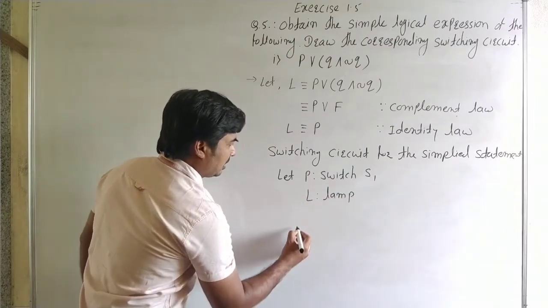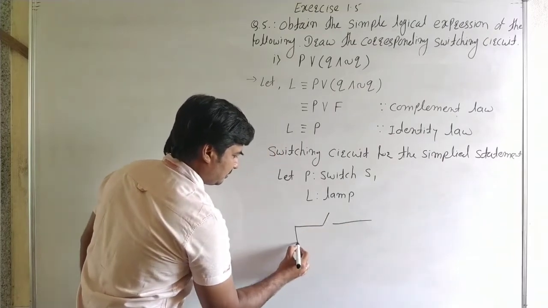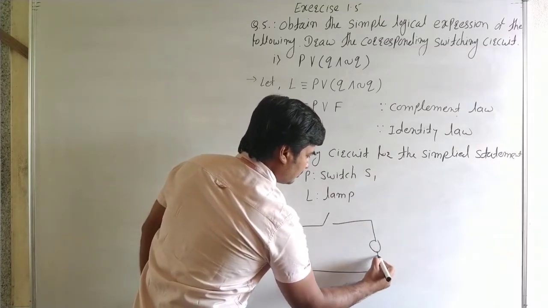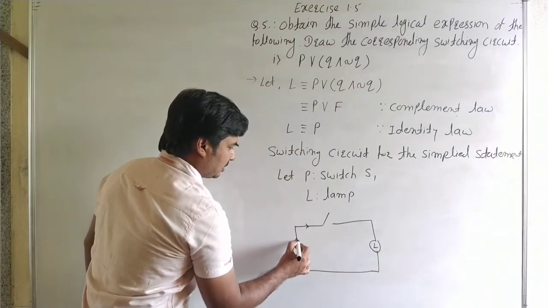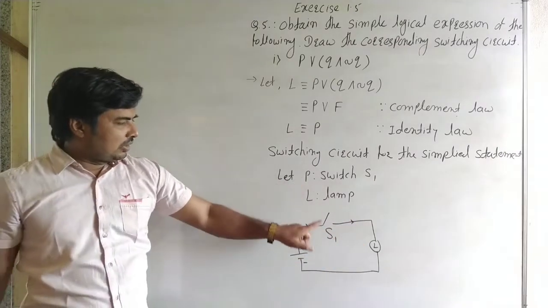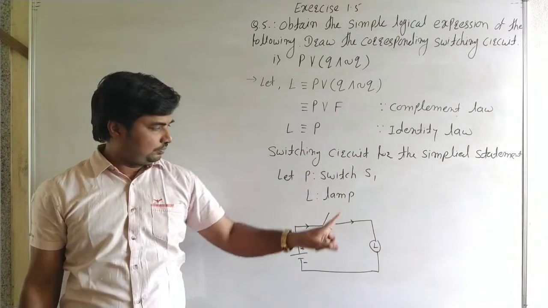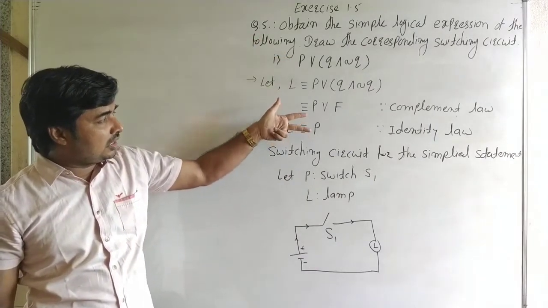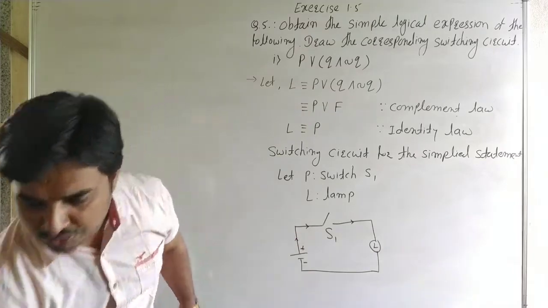The simple circuit has only one switch. It is L, the lamp, with plus and minus terminals, and here is switch S1. S1 is statement P. Here it is a simplified expression, and the switching circuit for this simplified expression is this. Now we see the second example.